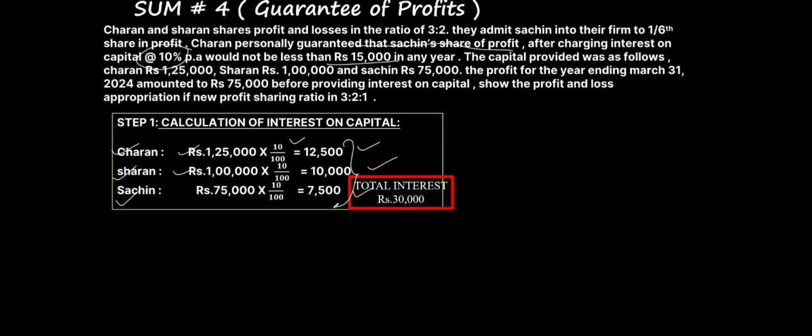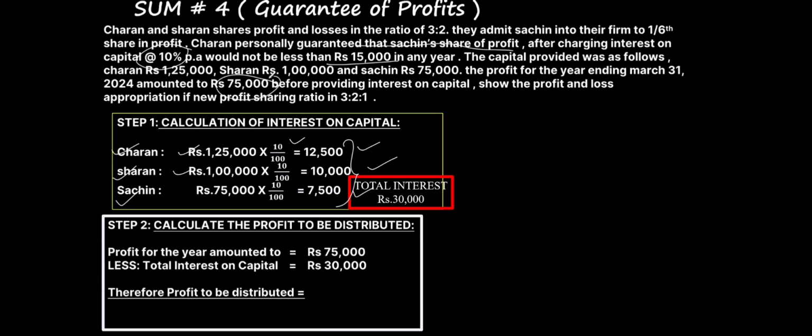So out of the profit which is given to us as 75,000, we have to deduct the interest on capital. We have to adjust this interest on capital to the profit given to us. So let's find out what is the remaining profit after adjusting interest on capital, which will be distributed to the partners in the new profit sharing ratio. So calculate the profit to be distributed.